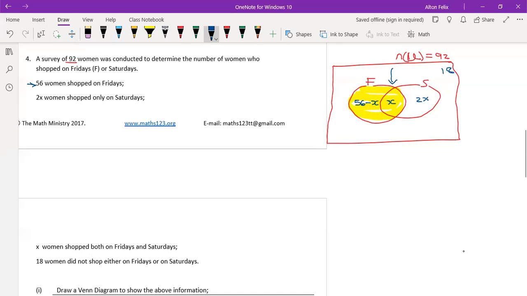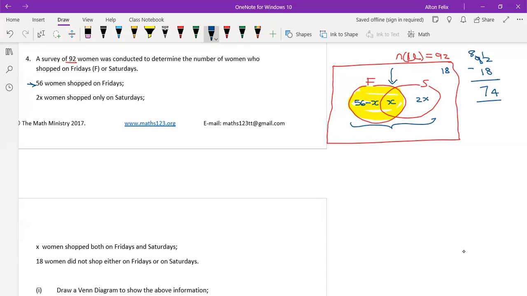So let's see if we can make sense of what that question is really saying. We need to find the total accounted for on Fridays or Saturdays. So if you have a total of 92 and 18 of them do not shop on Fridays and Saturdays, it means that the difference, which is 74 of them, will be those who shop on Fridays or Saturdays.